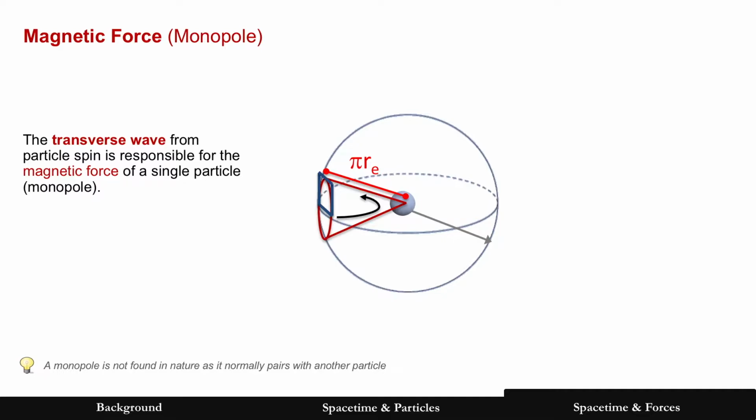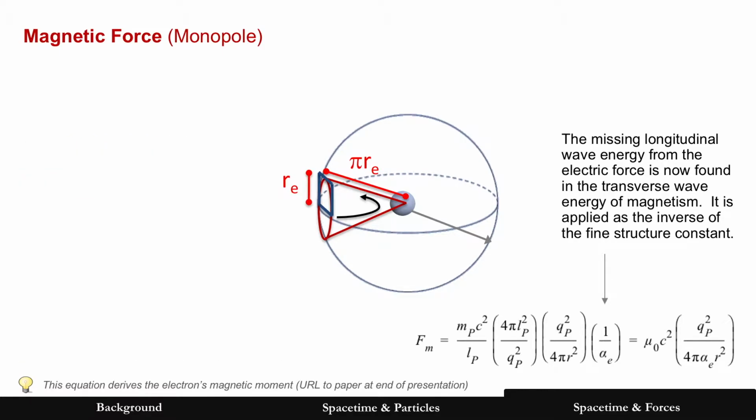Now the magnetic force. Since the electric force is the longitudinal wave, the magnetic force is a transverse wave, as it's spinning. And since it's missing longitudinal wave energy due to the conservation of energy law, we're going to apply that now as the inverse. It's just the same equation, but now with the fine structure constant in the denominator.